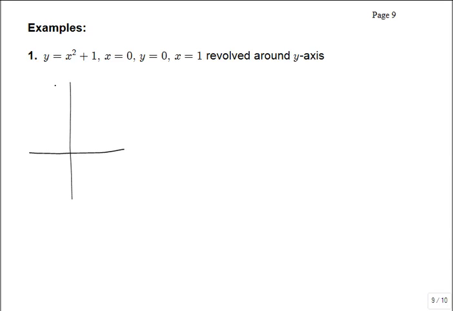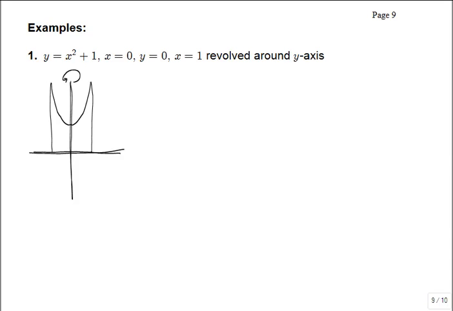So we have x squared plus 1, which is a parabola up here. x equals 0 is the y-axis. y equals 0 is the x-axis. And x equals 1 is just this vertical line. So we only want the portion of this region in quadrant 1. But when I rotate it around the y-axis, then I get this mirror image over here.